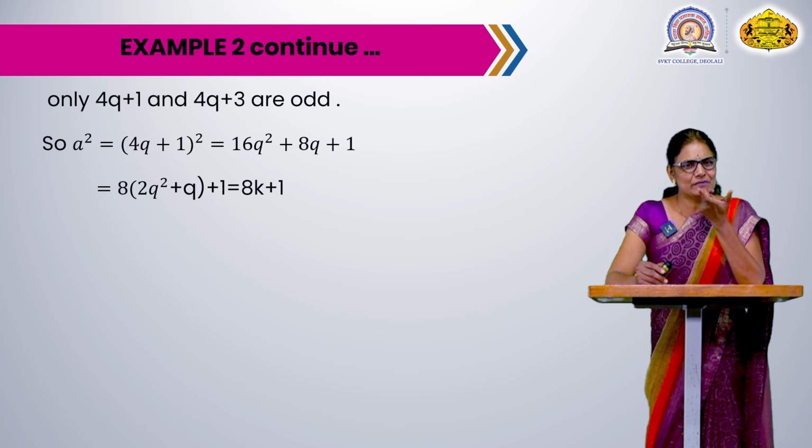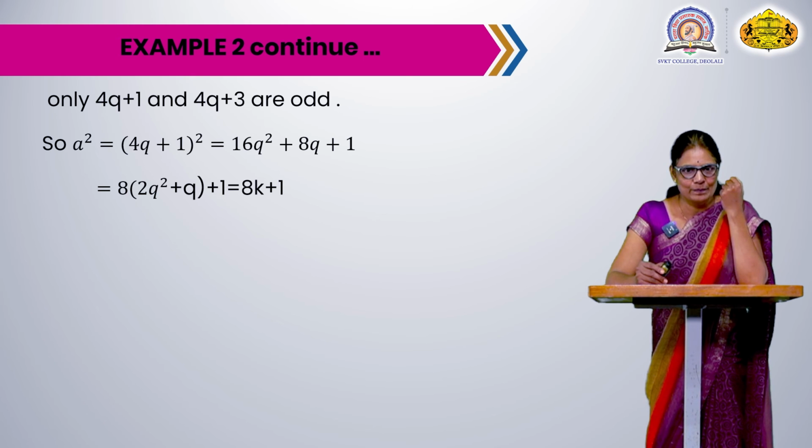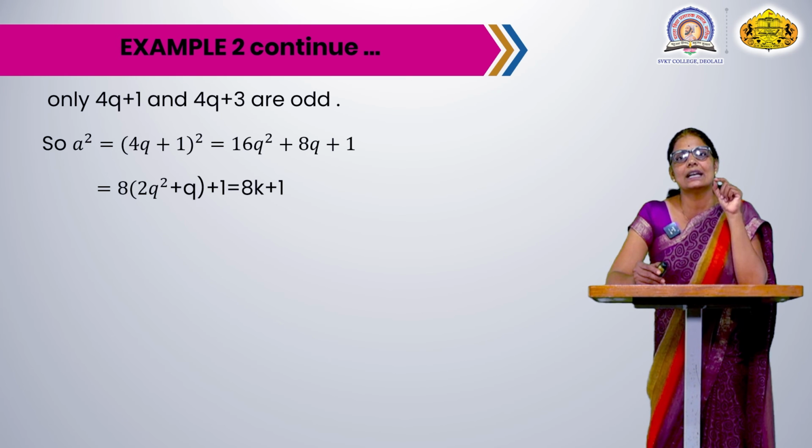From the first two terms we take 8 as a common factor. Taking 8 common, the remaining is 2q square plus q, and plus 1 as it is. Denote 2q square plus q as k. So the square a square can be written as 8k plus 1.